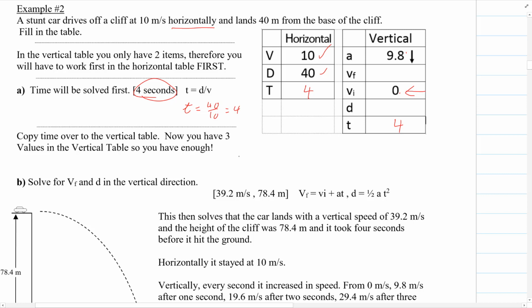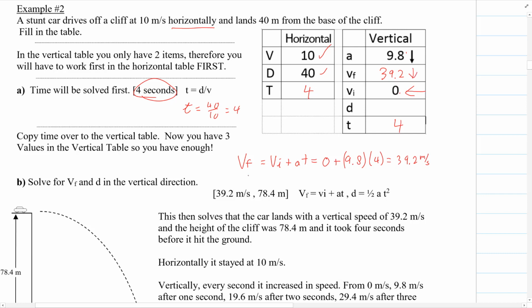So VF without D will be VF is VI plus AT, which is going to be VI, which is 0, plus A, 9.8 times 4. And that will be 39.2 meters per second. And that'll be down.